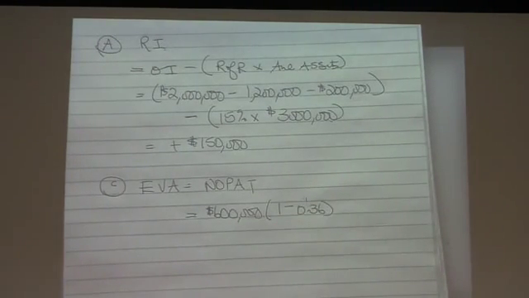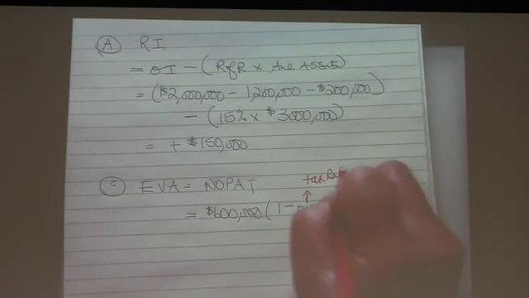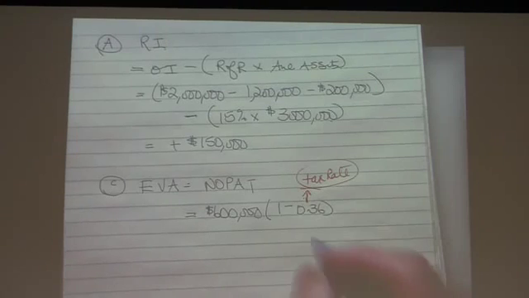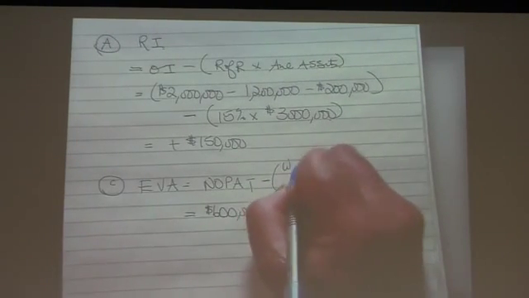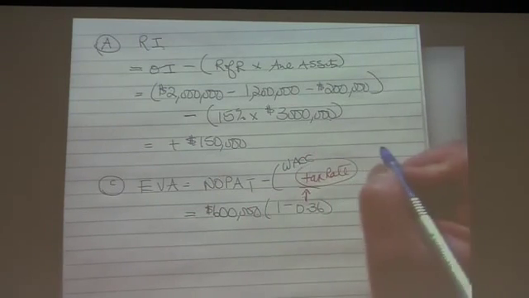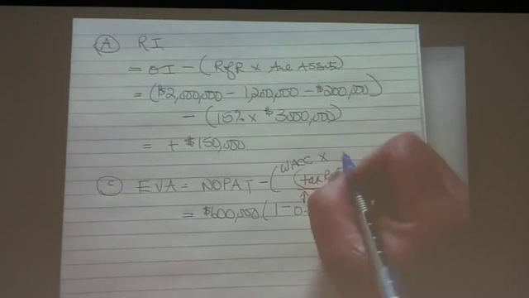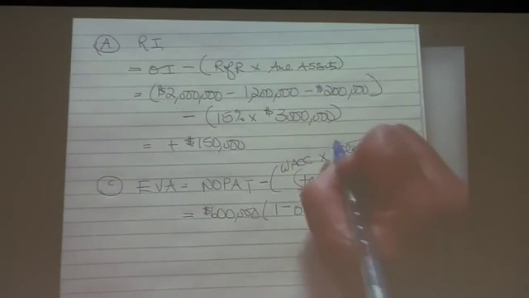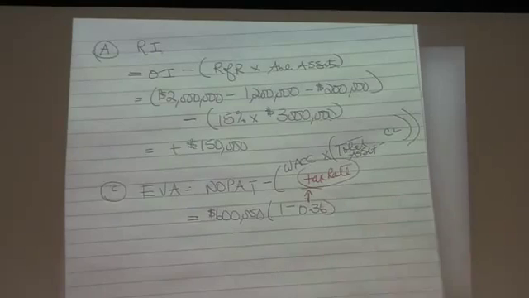Let me write that down. That's the tax rate. Now, we're going to subtract the weighted average cost of capital, that's WACC, times total asset less current liabilities. So that's the formula.